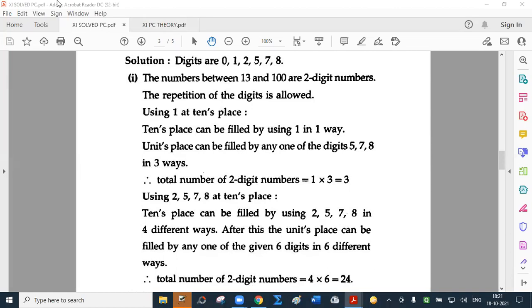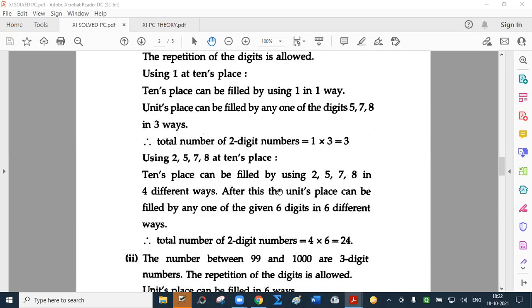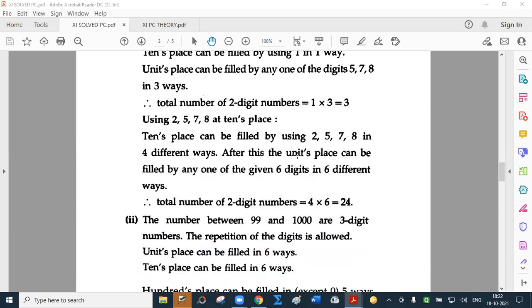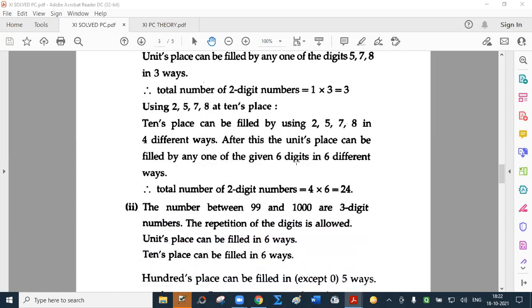I repeat this part. 0 cannot be there in tens place in a 2-digit number. We have already considered the case in which 1 occurs in tens place, and that is why tens place is either 2 or 5 or 7 or 8. So 24 such numbers. That is why degree of difficulty is increased.